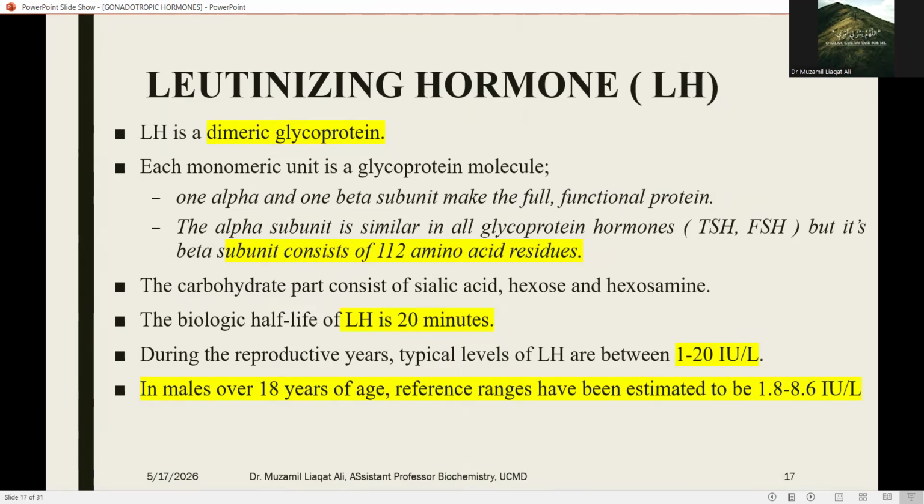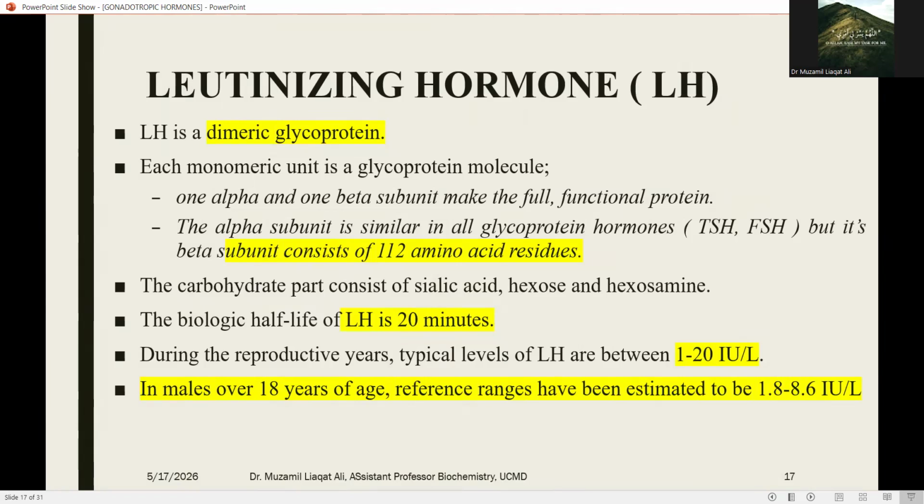Now it's time to discuss the luteinizing hormone, right? The luteinizing hormone, again, is one of the gonadotropins released from the female or the male part, right? So let's begin with clinical precision and accuracy.